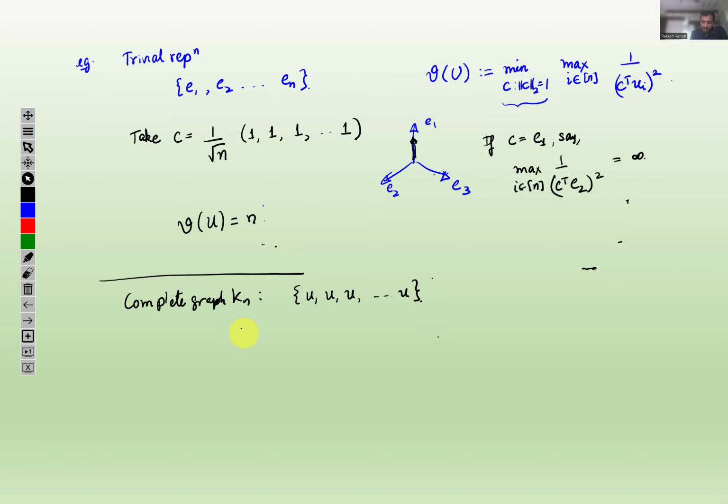So if you take C equal to U, then max of 1 over C transpose Ui, all the Ui's are the same, is equal to 1, and therefore the value of this orthonormal representation is equal to 1. Okay, so here are two opposite orthonormal representations, and they have certain values. As an exercise, I urge you to do the same for the other orthonormal representation that we did.